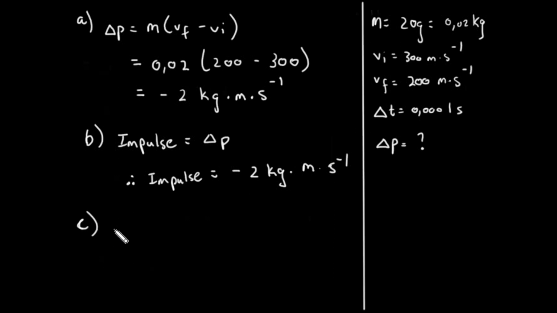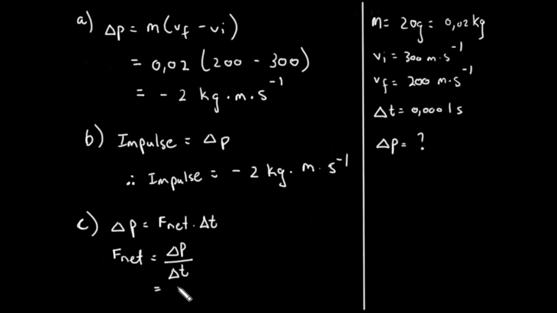Now C, we need to calculate the net force. So we know delta P is equal to F net multiplied by delta t. F net, which is the force we need to calculate, would be equal to the change in momentum or impulse divided by delta t. We sub in our values there.